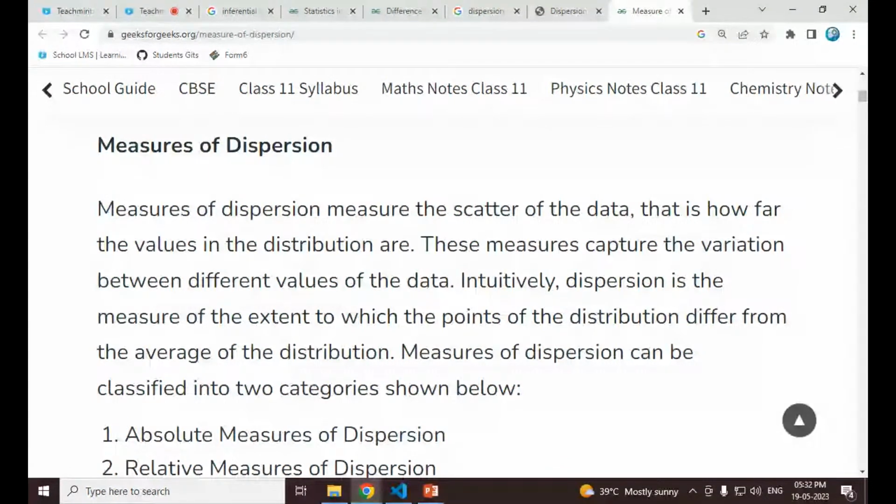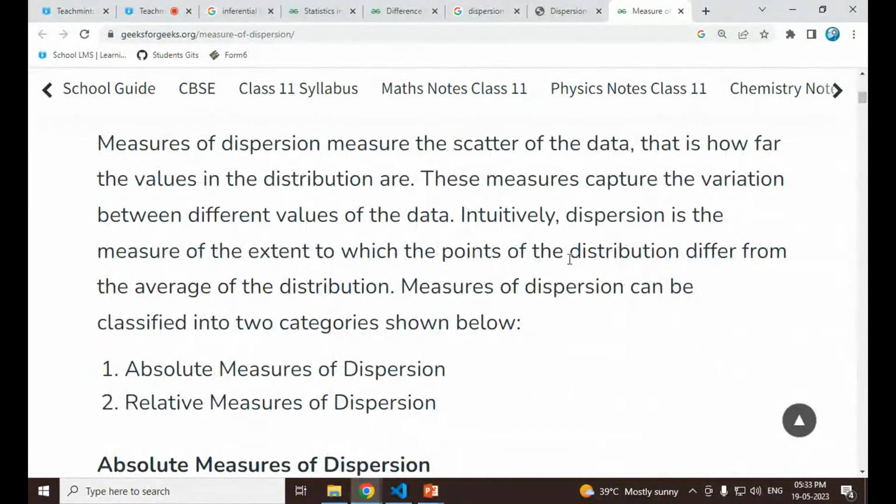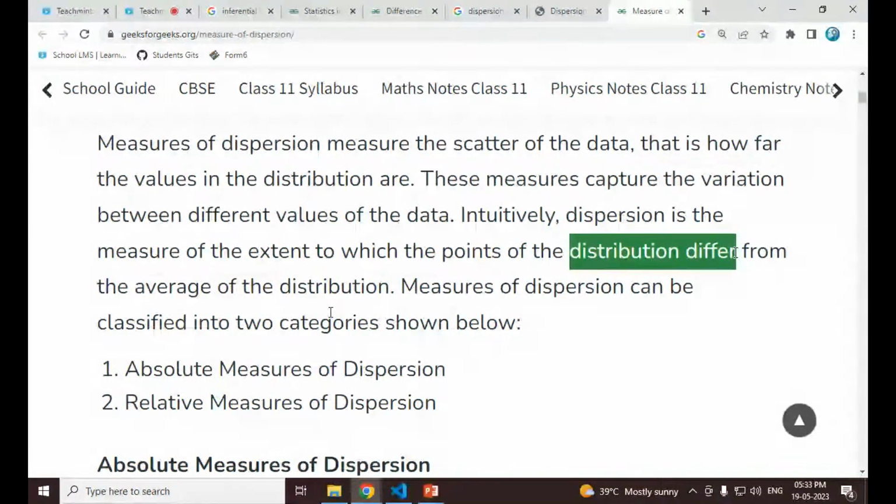These measures capture the variation between different values of the data. Intuitively, a dispersion is a measure of the extent to which the points of a distribution differ from the average of the distribution. You understand this? How does the distribution differ?